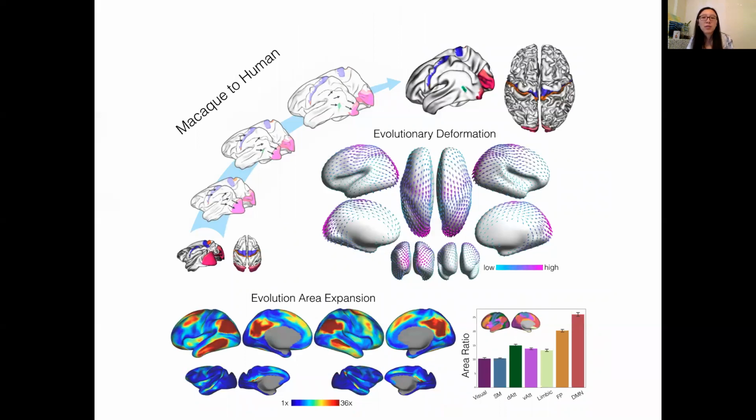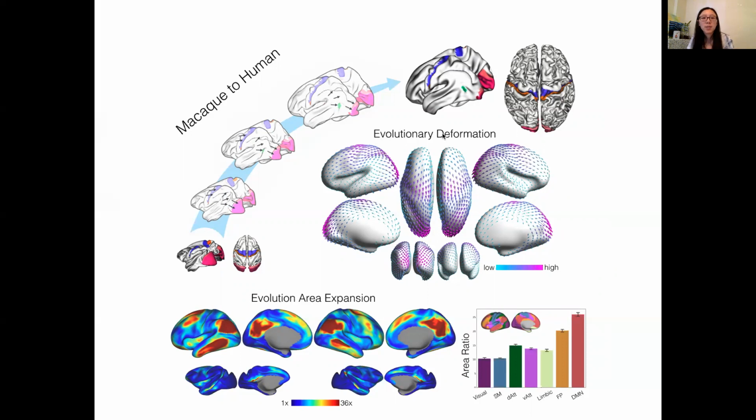Finally, we demonstrate the evolutionary deformation from macaque to human. For example, macaque V1 is sitting on the lateral occipital lobe, but in human, it's all in the medial occipital lobe, which means that in evolution, maybe the V1 region has been pushed and squeezed from lateral into medial and has higher deformation here.